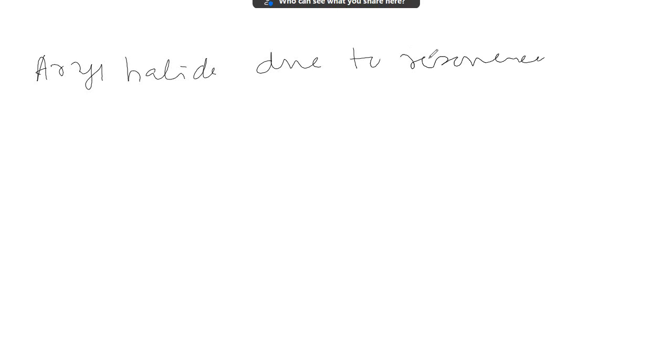Just writing it: in aryl halide, due to resonance, the C-Cl bond has partial double bond character.